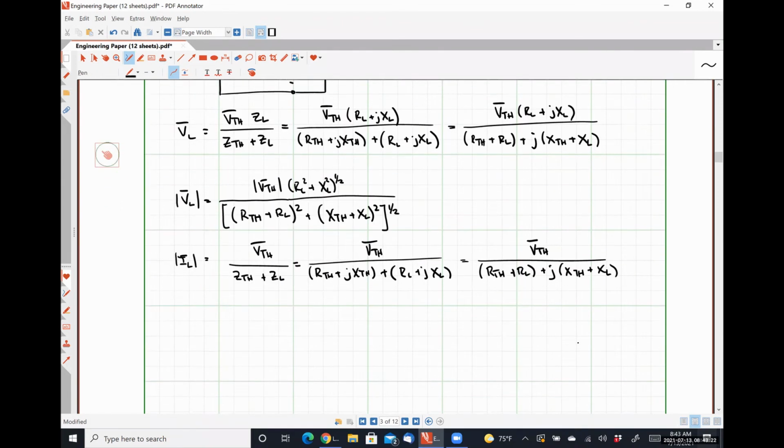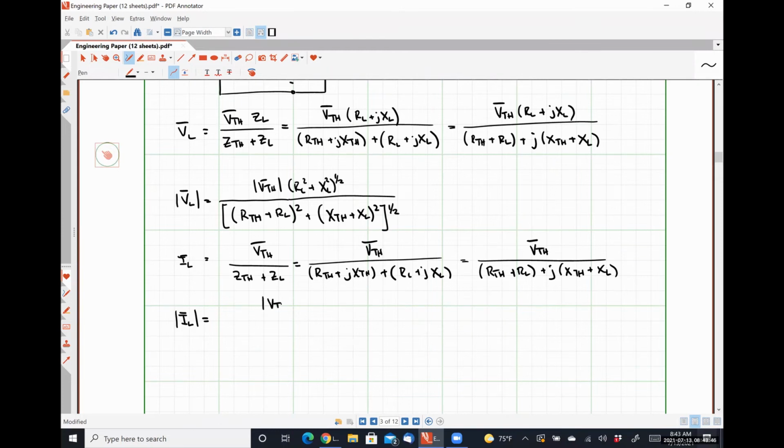And so the magnitude of this guy, oh, excuse me, I shouldn't have the absolute value signs around this guy yet. So our magnitude, IL, is just going to be effectively the magnitude of VTH divided by that exact same denominator from earlier.